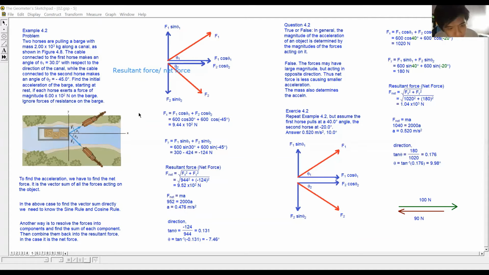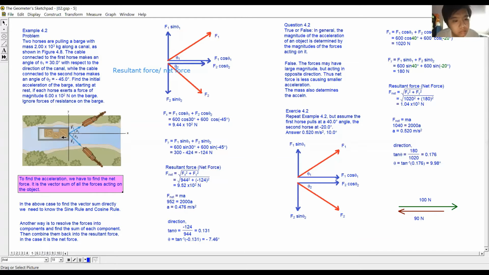So, as I've said earlier, there are two ways of finding the resultant force.